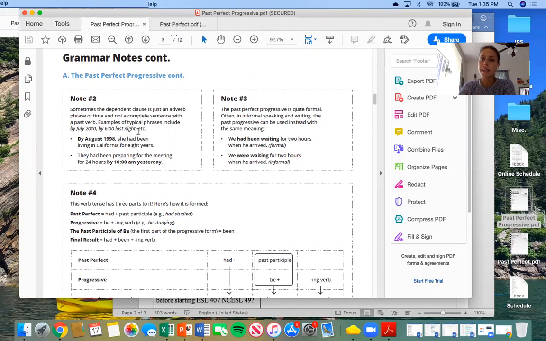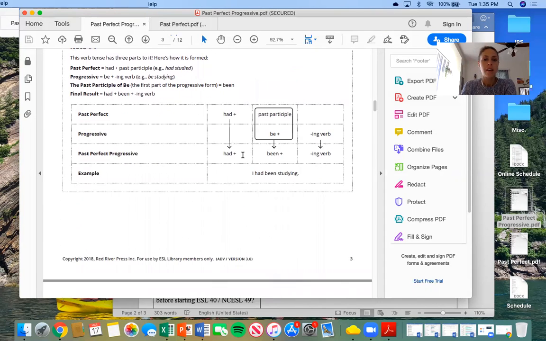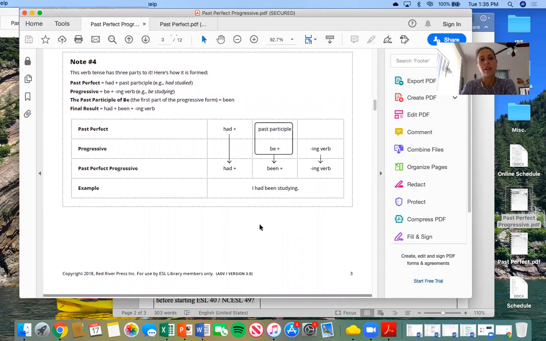For number 2, exactly the same note from the past perfect as well. We can use adverb clause of time, and that can be in lieu of a dependent clause. Same over here, as we've talked about, we really use the past perfect progressive in formal situations. Most often, we just use the past progressive. And then we can see the difference here, right? Had past participle for past perfect, had been -ing for past perfect progressive.